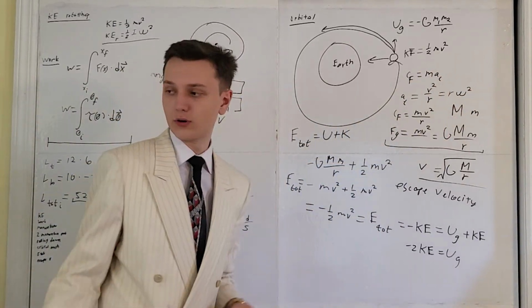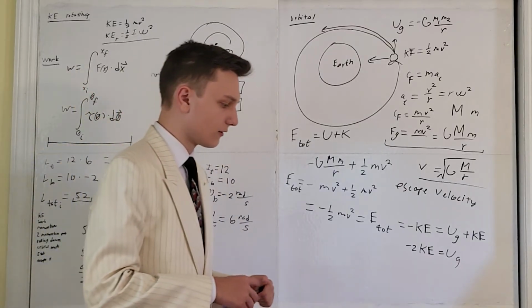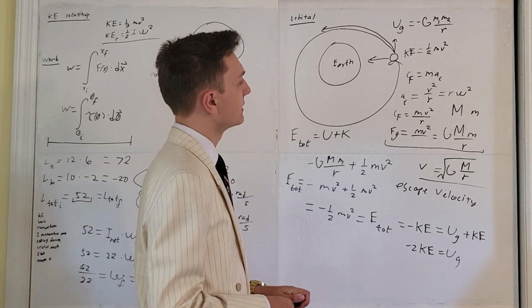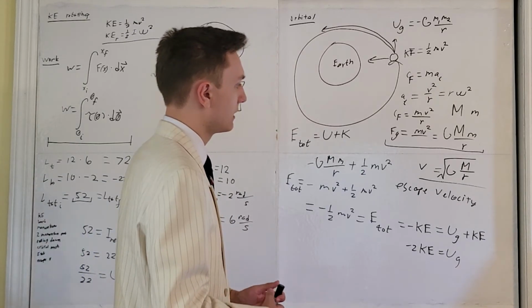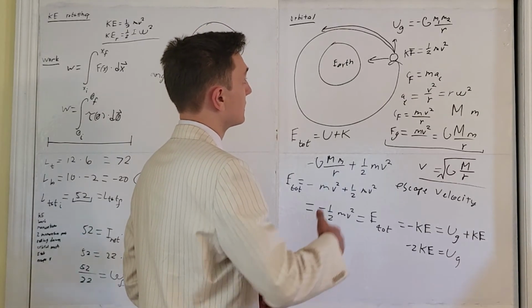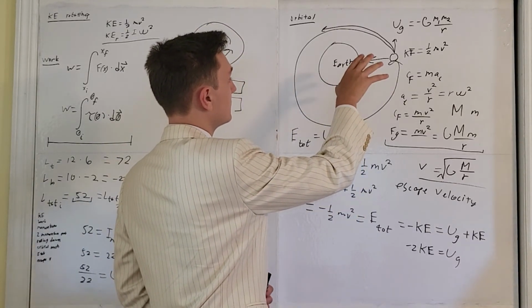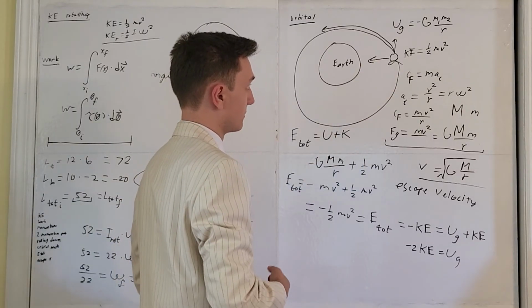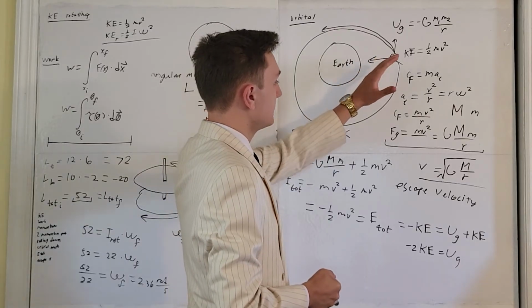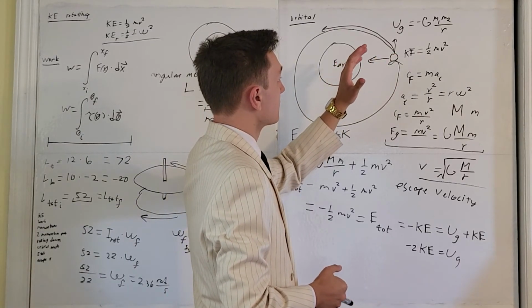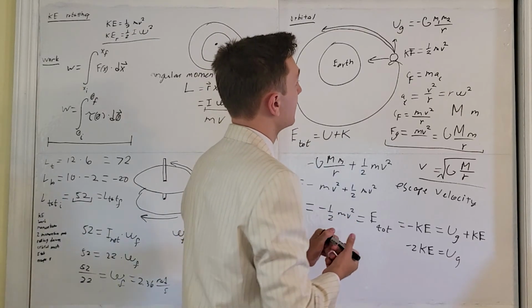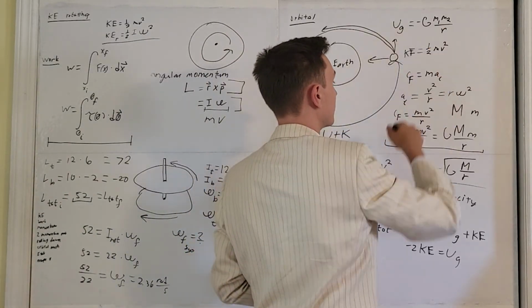So in our equation for gravitational potential energy, we can see that in order to completely escape the gravitational pull of a planet, we must completely reduce all of the negative part of our gravitational potential energy. Okay? Therefore, in order to completely drive our gravitational potential energy to zero, we must travel an infinite distance away from the planet.